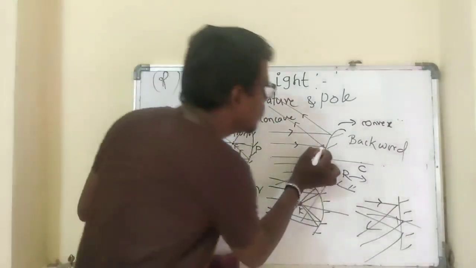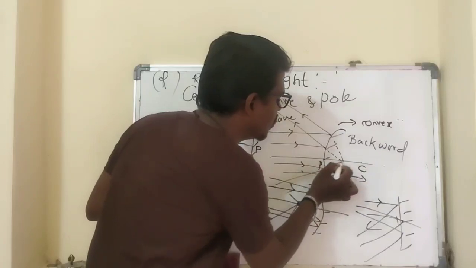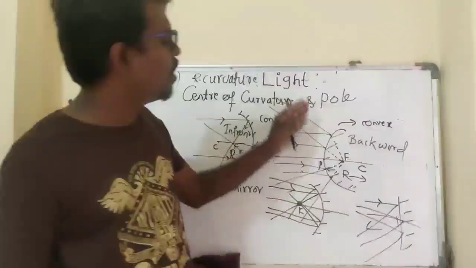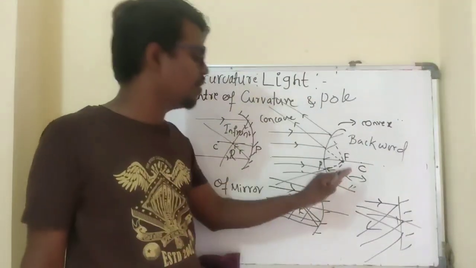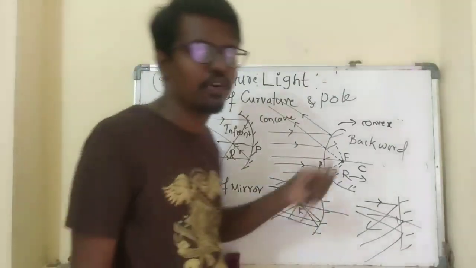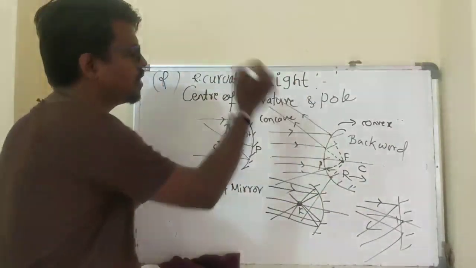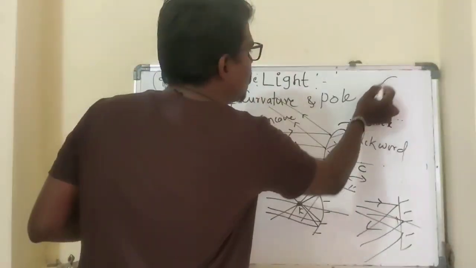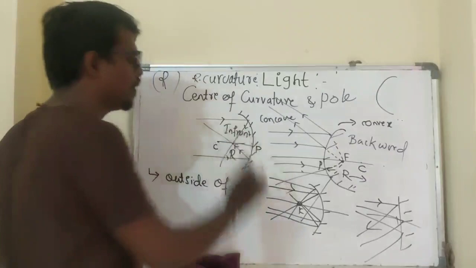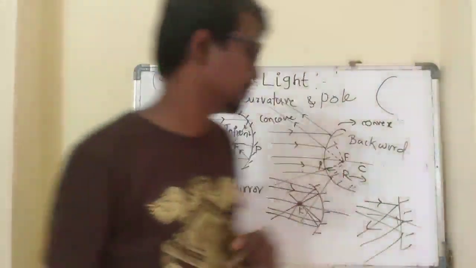But these lines appear to meet at a single point. This appeared point, formed behind the reflecting surface, is the principal focus for the convex mirror. See here, these are diverging. This diverging is formed because of the outward curved part of a convex mirror, and the reflection happens on its outer part. So all the rays appear to meet at a single point.